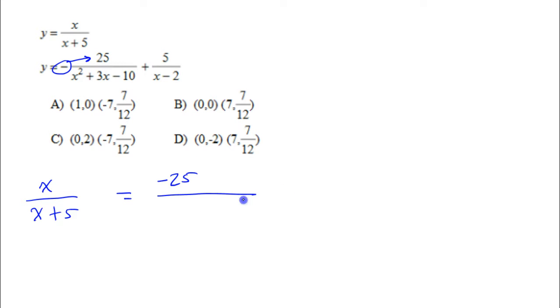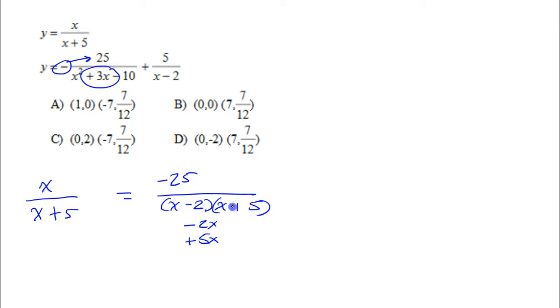Might as well factor this while we're here, so let's factor this down. X squared can only be x times x. 10, I'm thinking 2 times 5 here. Inner plus outer must equal the middle. To get a positive 3x, we need a negative 2x and a positive 5x.